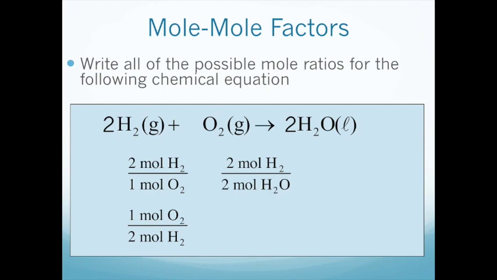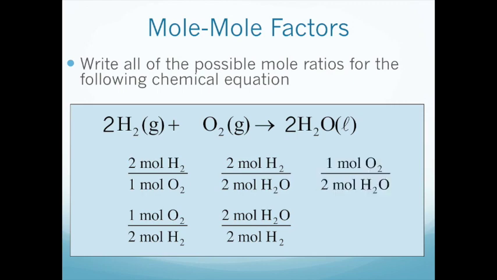Also, for every 2 moles of hydrogen gas reacted, we produce 2 moles of water, and you can flip that in the other direction. For every 2 moles of water produced, we have to consume 2 moles of hydrogen gas. And for every 1 mole of oxygen consumed, we produce 2 moles of water. Or for every 2 moles of water, we must consume 1 mole of oxygen gas.